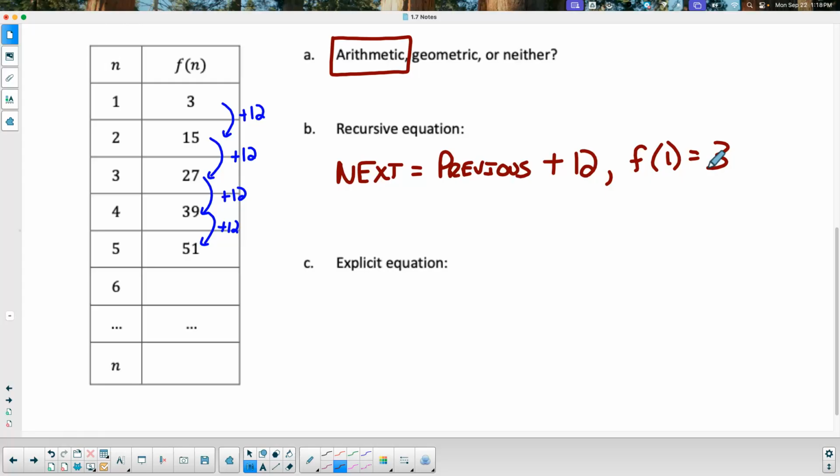Got to put down one of those. If I wanted that in function notation, we could write it like that.